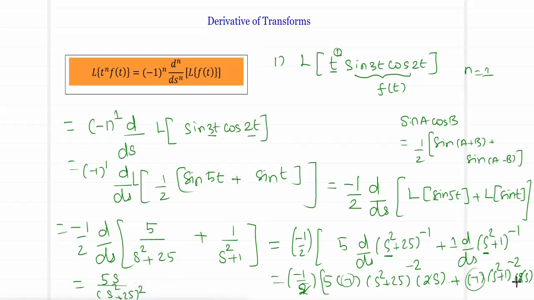What happens in the second term? I have a single s. So this becomes s divided by (s squared plus 1) the whole power 2. So this will be my final answer when I take the derivative with t to the power of n.